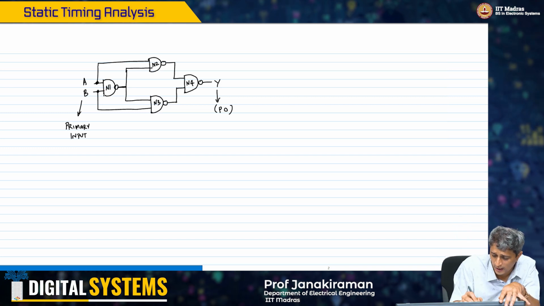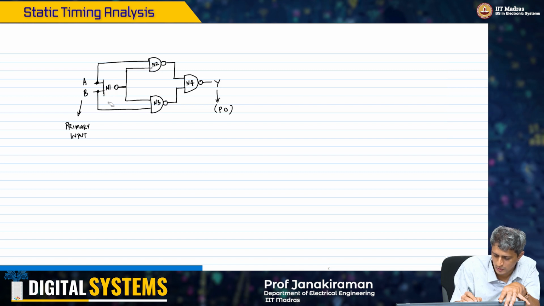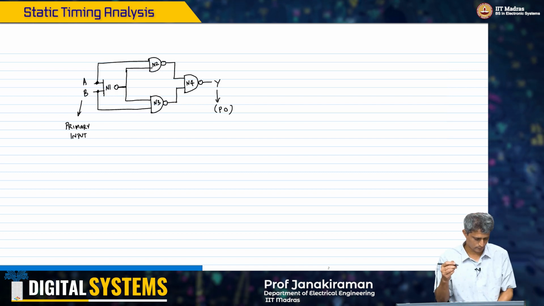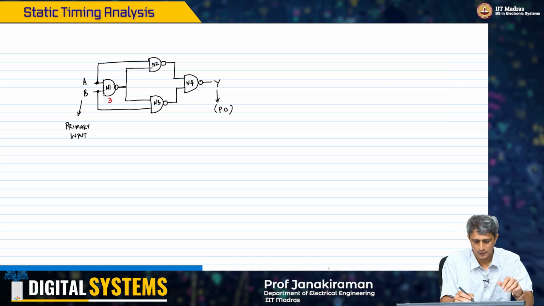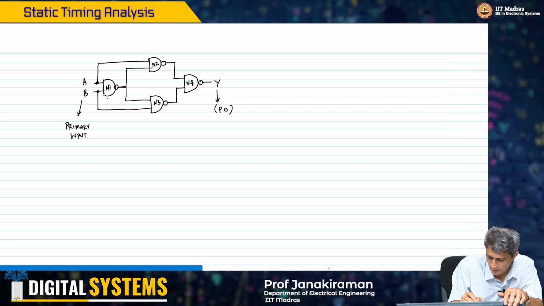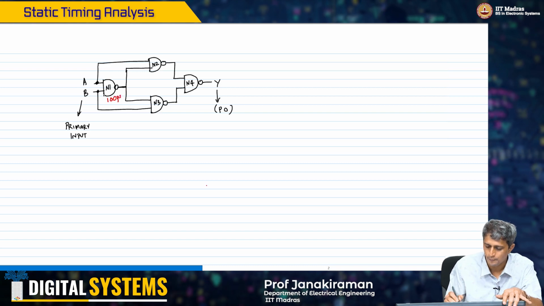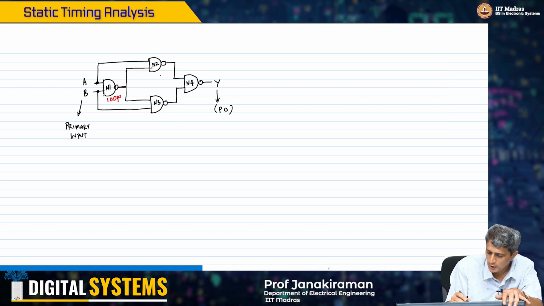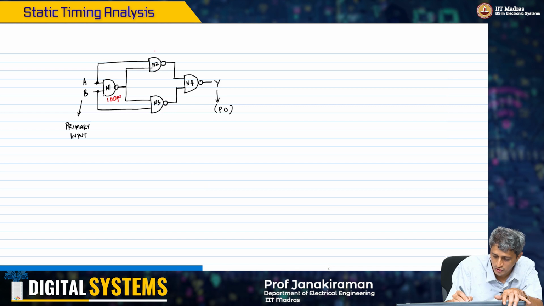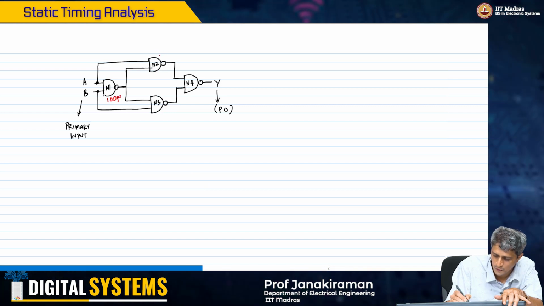So I will just write a delay number here, which I'll say is 100 picoseconds, and for N2 and N3 I am going to say the delay is 75 picoseconds.